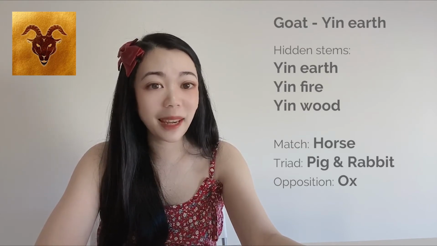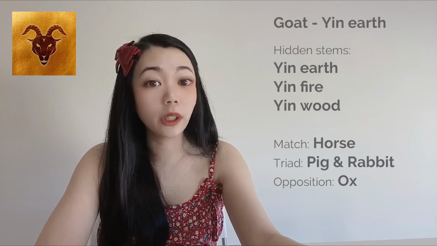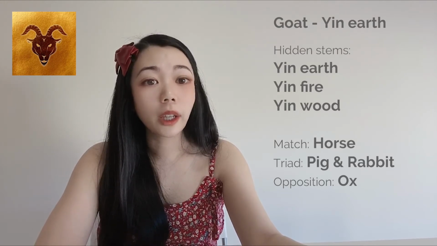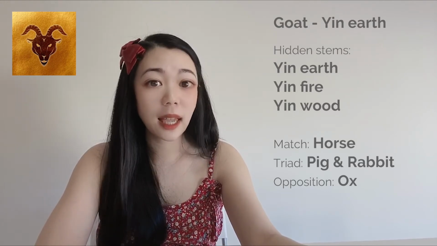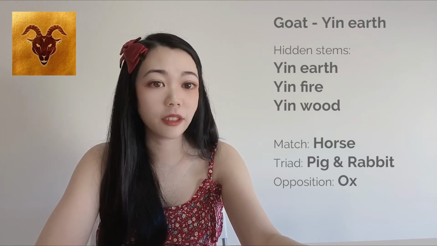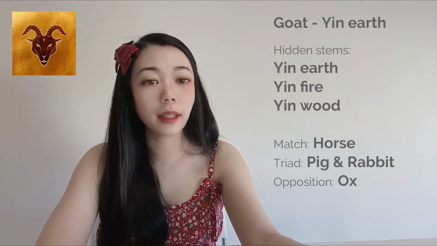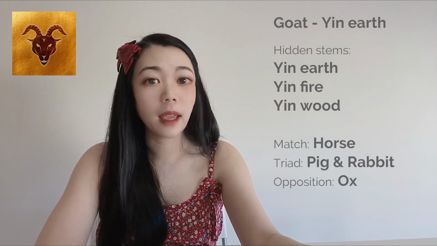So when goat meets the opposition, ox, it will explode and wood goes everywhere. Goat and horse are friends. And goat, pig, and rabbit together form a triad of wood, which we mentioned when we were talking about rabbit last time. And snake, horse, and goat, these three together, make a plenum of fire. Plenum is more powerful than triad.